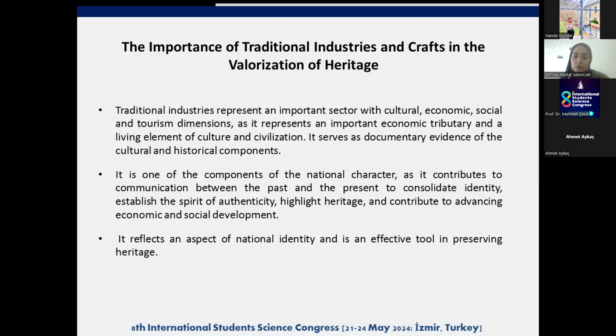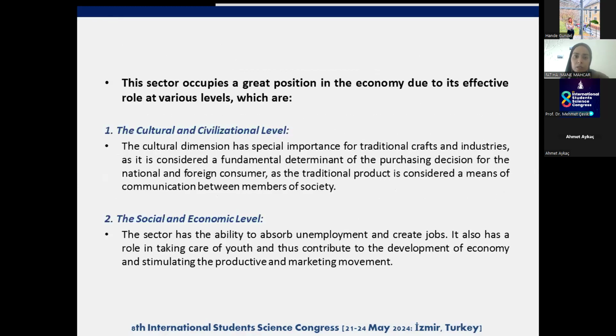It's one of the components of the national character, as it contributes to communication between the past and the present, to consolidate identity, establishes the spirit of authenticity, highlights heritage, and contributes to advancing economic and social development. This sector occupies a great position in the economy due to its effective role at various levels, which are, first, the cultural and civilizational level.